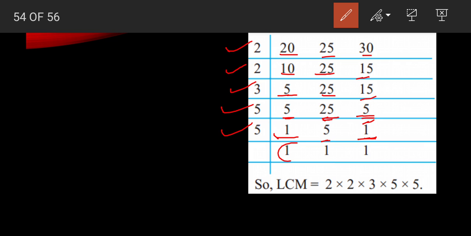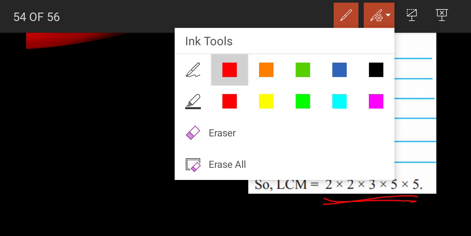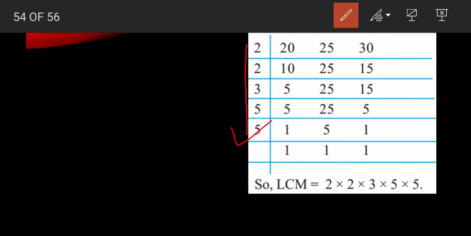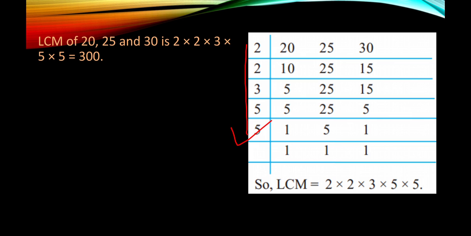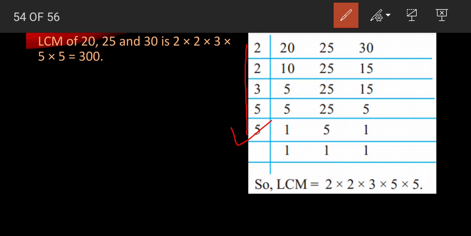So write 1 here, then 5 by 5 is 1, and last one is 1. So the LCM is all these numbers. So we have to multiply all these numbers, that is 2 two times, 3 one time, and 5 two times to get the LCM. So the LCM of these numbers is 2 two times, 3 multiplied by 5 two times. If we multiply all these factors, we get 300.